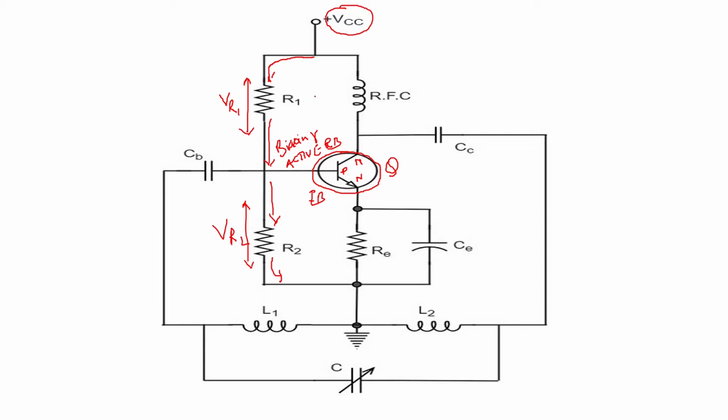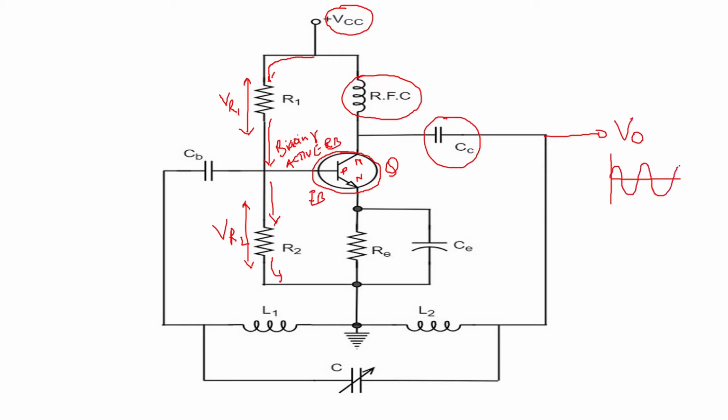Now in the collector we have connected an RFC, that is a radio frequency choke. Here you have a coupling capacitor CC, which will couple to the output. So here you can get the output, which will be repetitive oscillations.